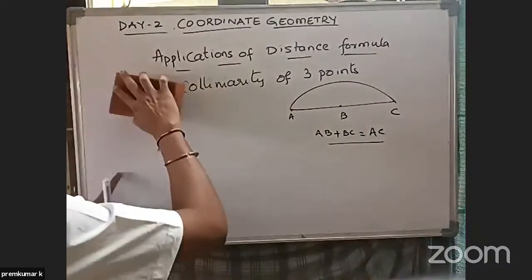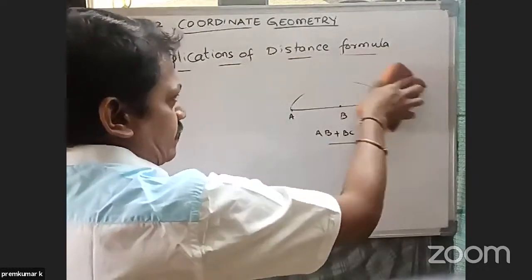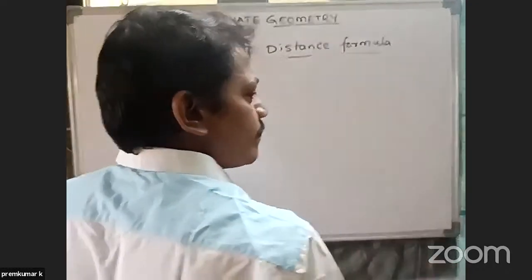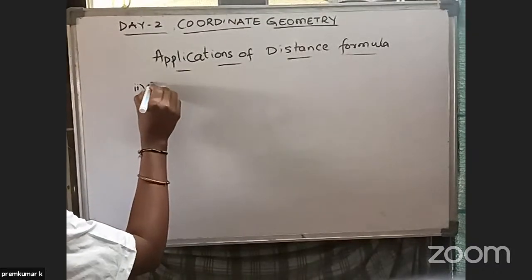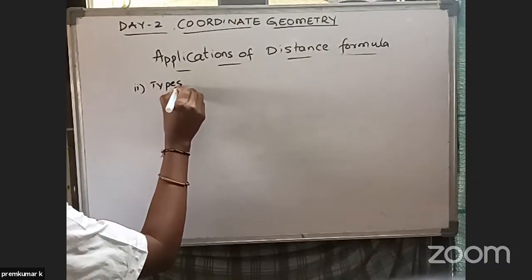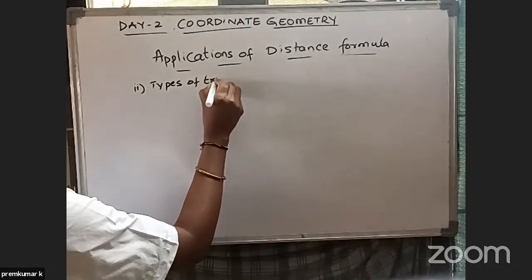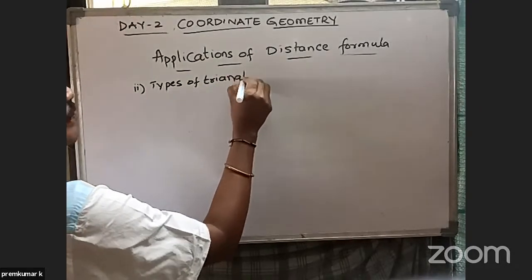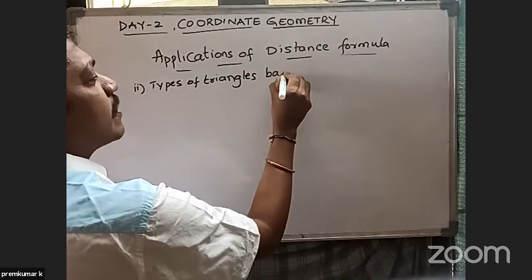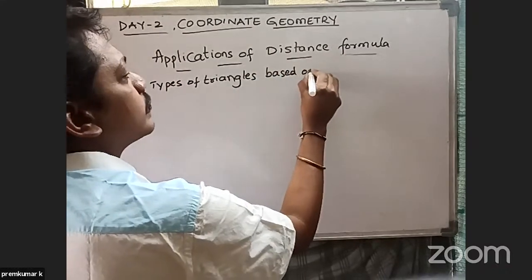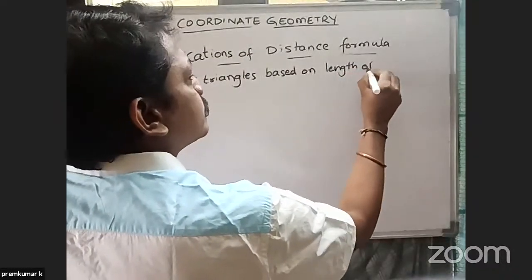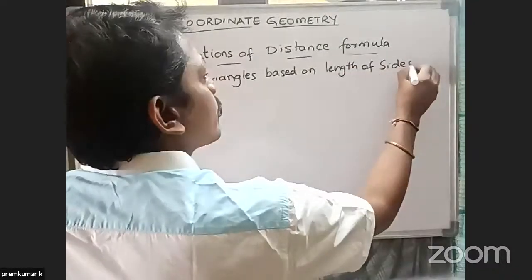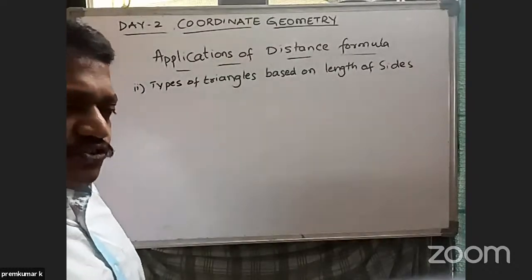Second concept, types of triangles based on the length of sides.